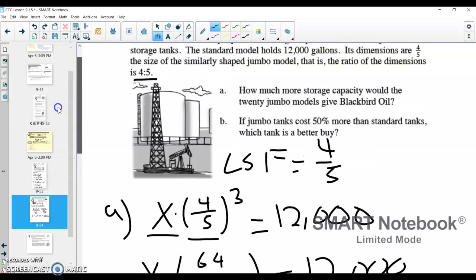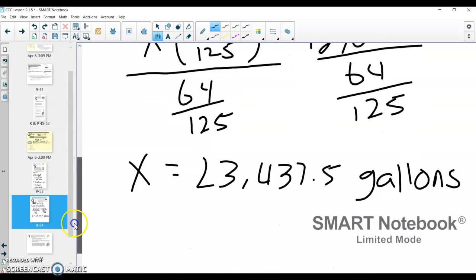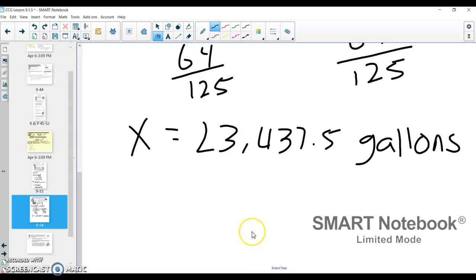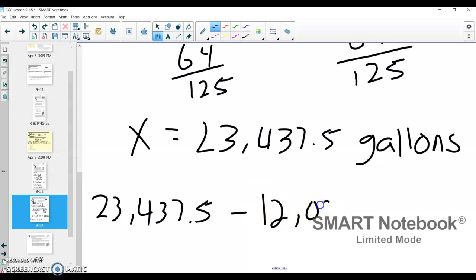The question's asking, how much more storage capacity would there be now that they bought 20 jumbo models? So my next step is to figure out how many more gallons just one barrel can hold. I'm going to take my new volume and subtract away my old volume: 23,437.5 minus 12,000.